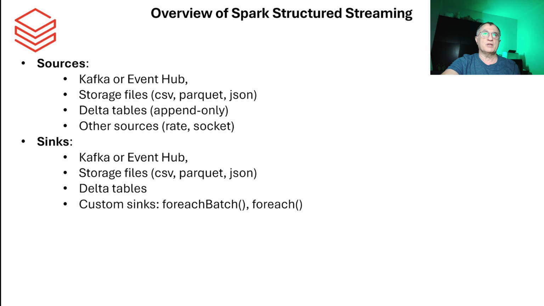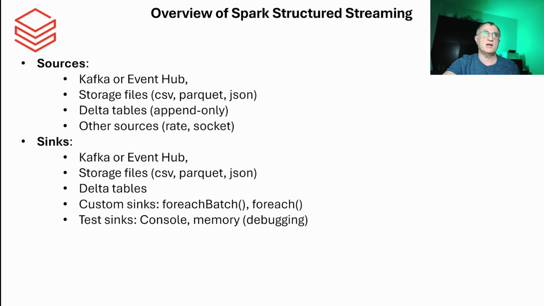For example, you cannot write into a database directly by using standard streaming methods. However, these two methods allow you to overcome these challenges. And then you can also use some test sinks like console and memory to test some quick solutions in your development environment.